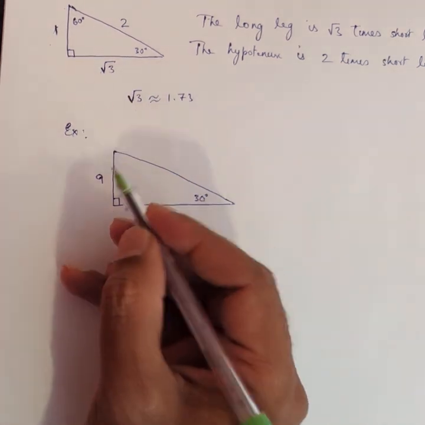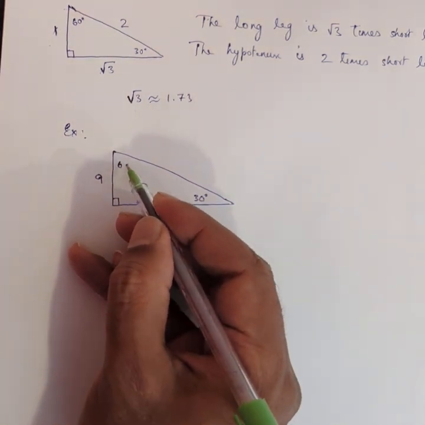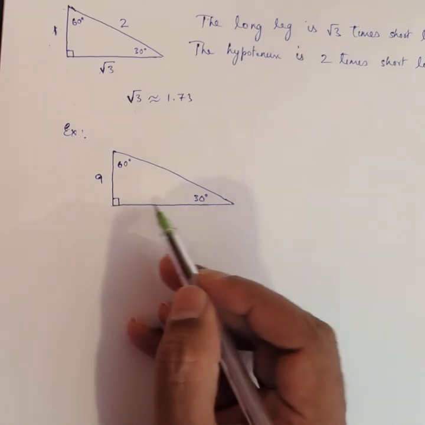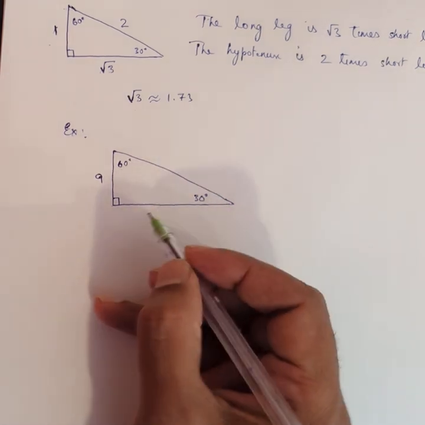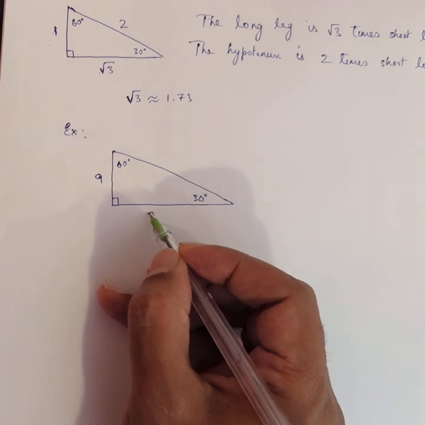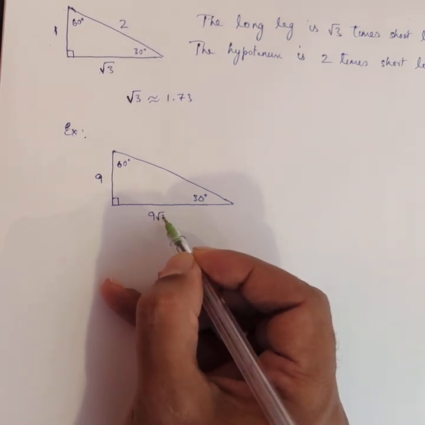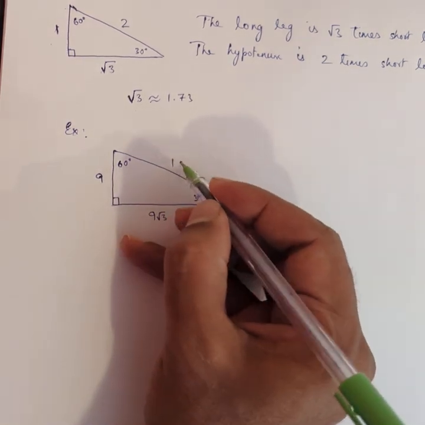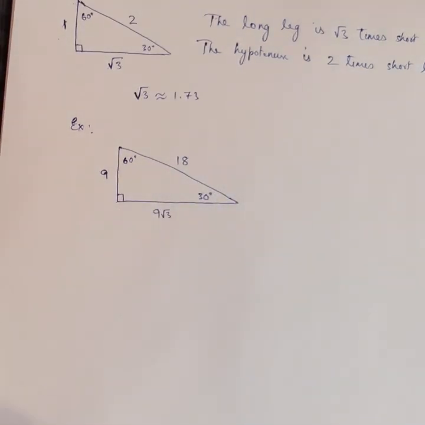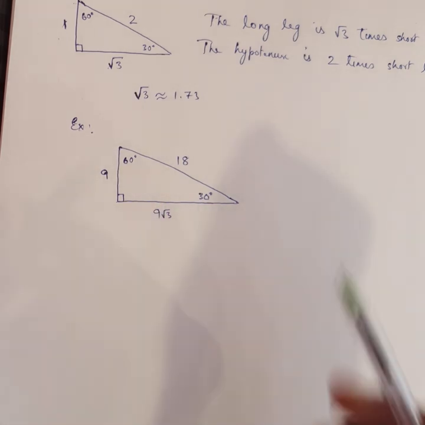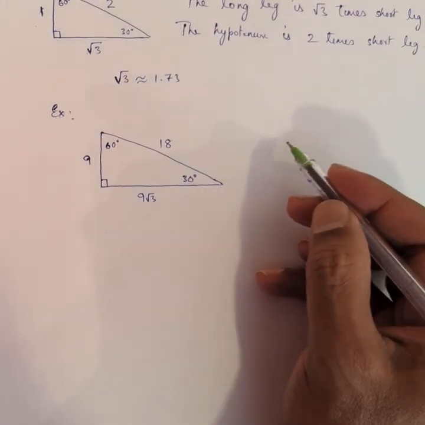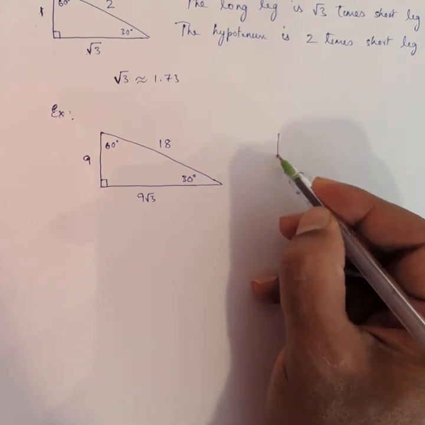Of course. This angle will be 60 degrees. Notice, this is the long leg. The long leg is root 3 times the short, which means it's 9 root 3. And the hypotenuse is 2 times 9, so that's going to be 18. The hypotenuse is double.